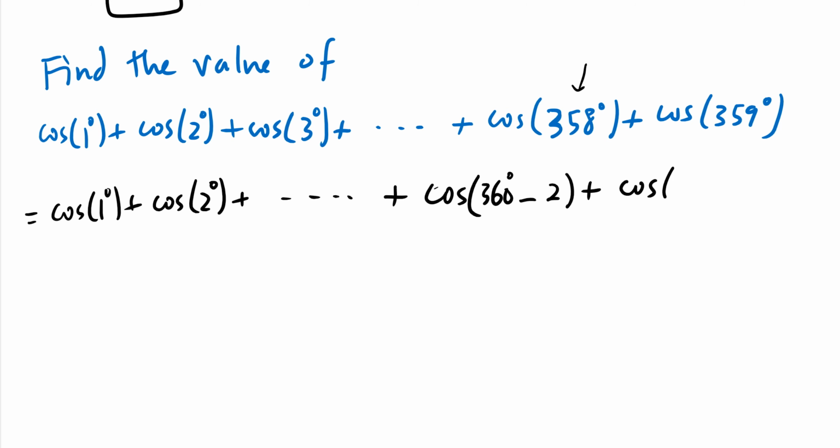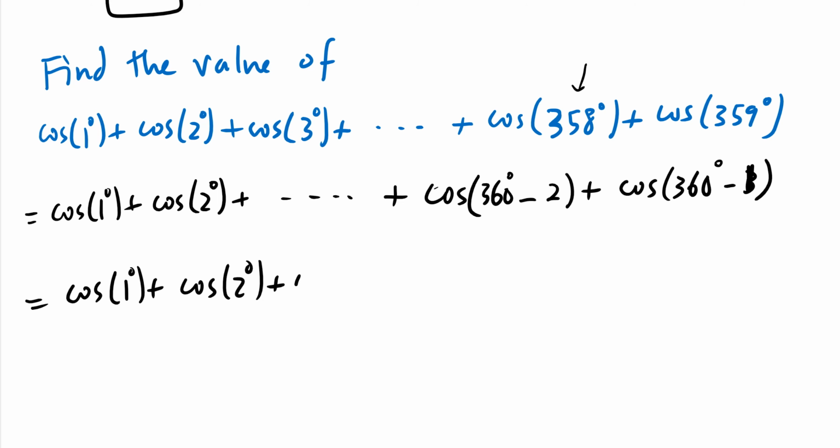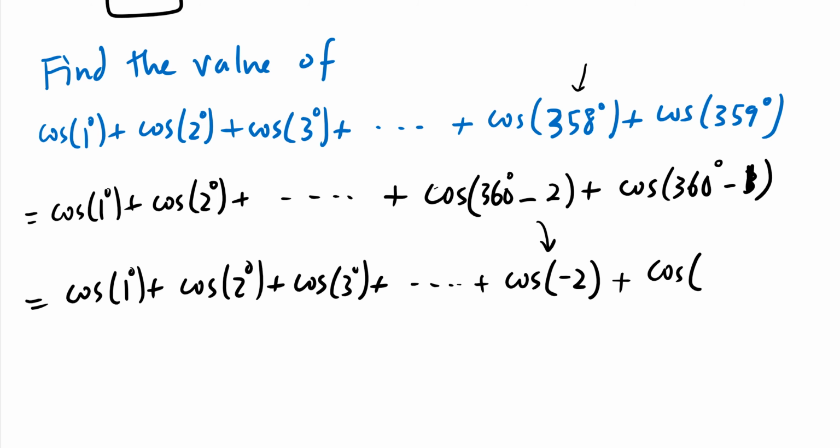And I can write this as 360 degrees minus 3, and this as 360 degrees minus 1. Now let's keep this the same. Even if I add another one, it's going to stay the same. For this one, the 360 is simply 0, so that leaves negative 1.